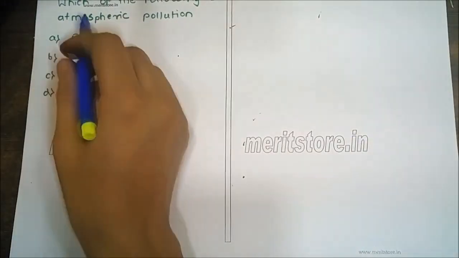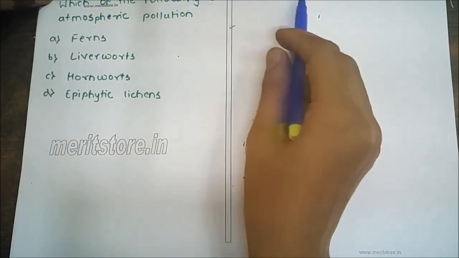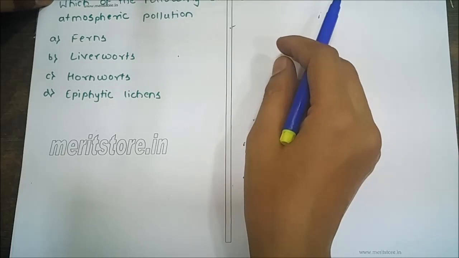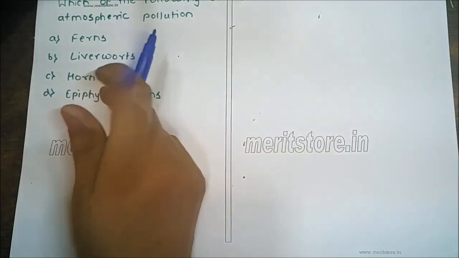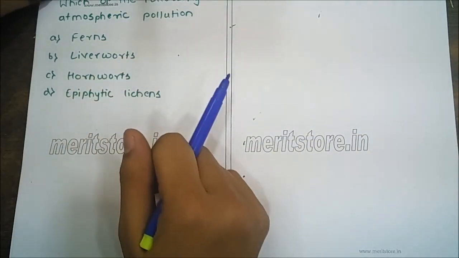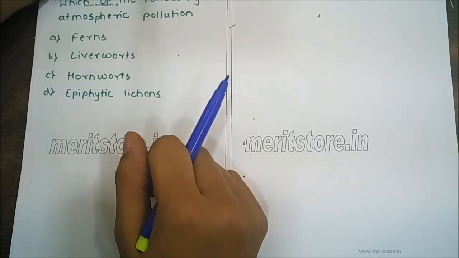Our next question is, which of the following serves as an indicator of atmospheric pollution? A is ferns, B is liverworts, C is hornworts, and D is epiphytic lichens.